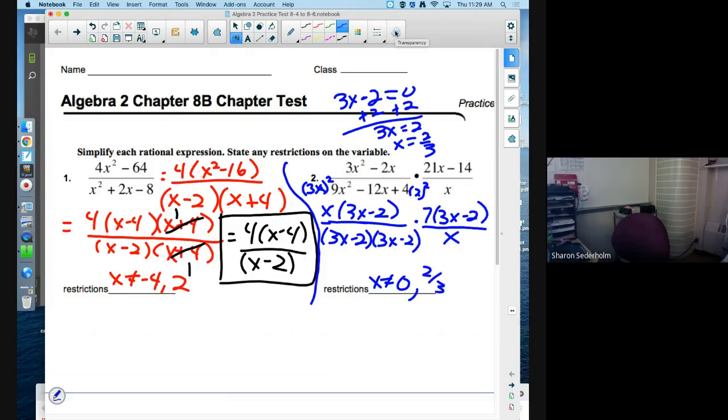Well, we're not done yet, because hopefully there's some canceling we can do. What do you see that we can cancel? Oh, another 3x minus 2. And the x's.